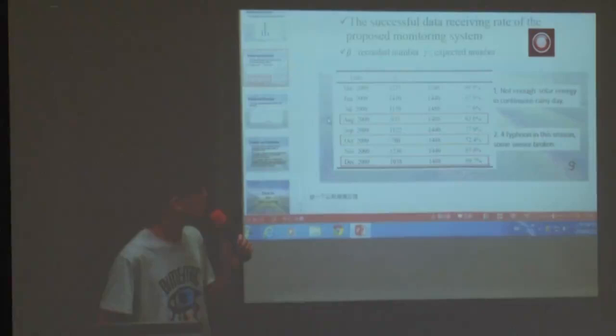Do you have any problem with using the GSM network for sending the data from the field to your main server? I want to know why the counting is going down.